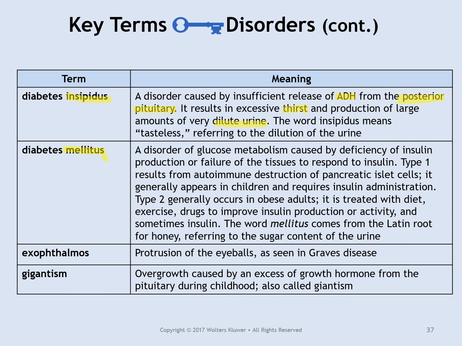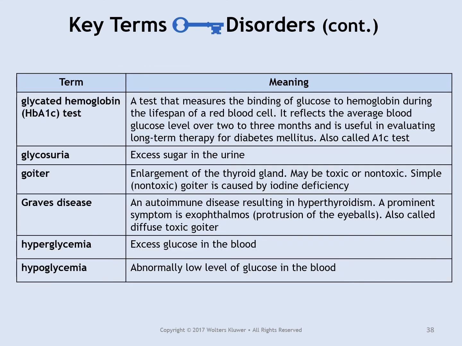Diabetes mellitus we talked about, type 1, which is generally one that's developed when a person is young, and type 2 in obese adults. And exophthalmos in Graves' disease, gigantism in children that have too much growth hormone.